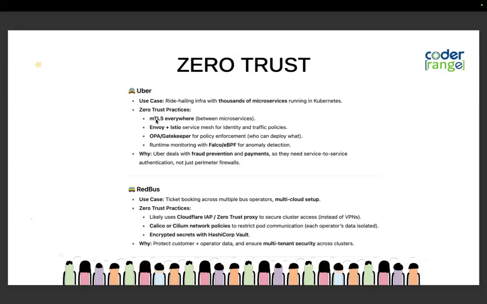In Kubernetes, microservices and even pod communication are encrypted, and only trusted workloads can talk to each other, which completely prevents man-in-the-middle attacks. That is called zero trust.